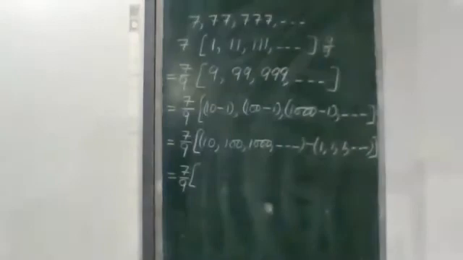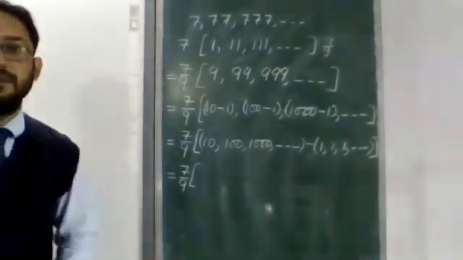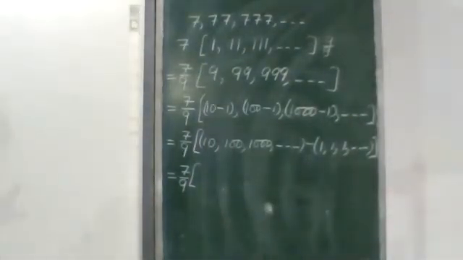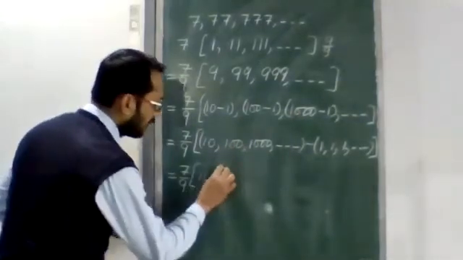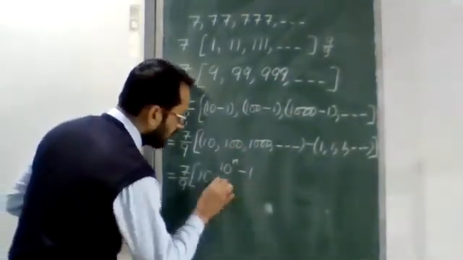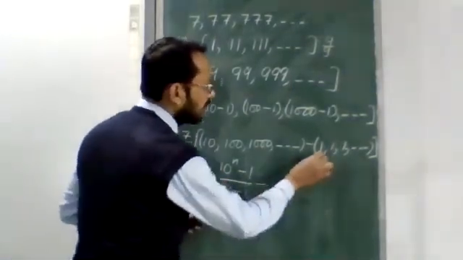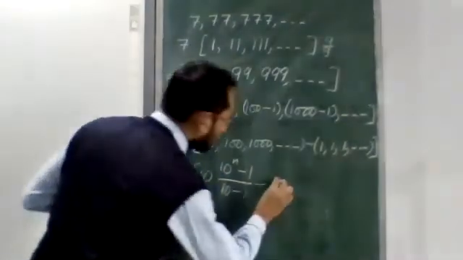It becomes a GP with n terms, and the sum of the GP with n terms is a into r, where r is 10: 10 to the power n minus 1 upon r minus 1, minus 1, 1, 1. If we are adding 1 n times, it gives us the sum as n.